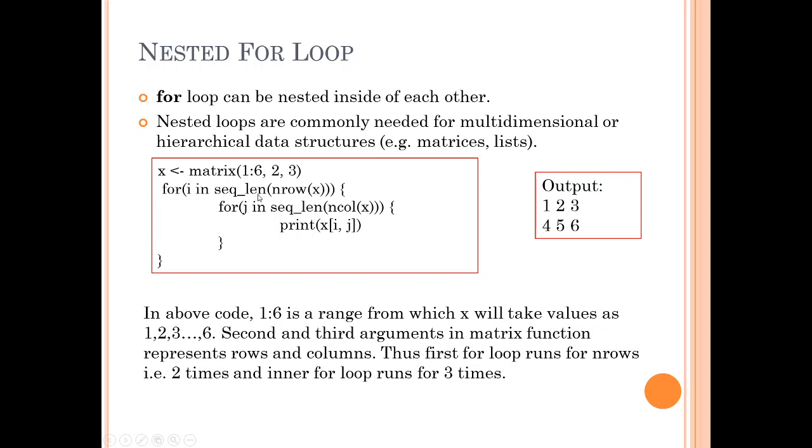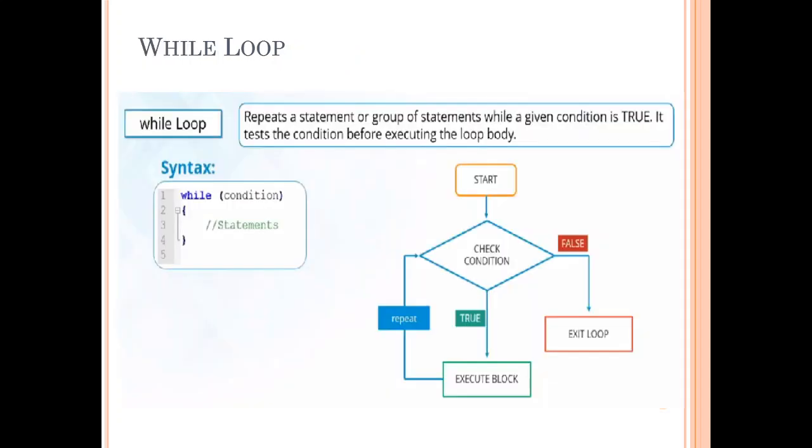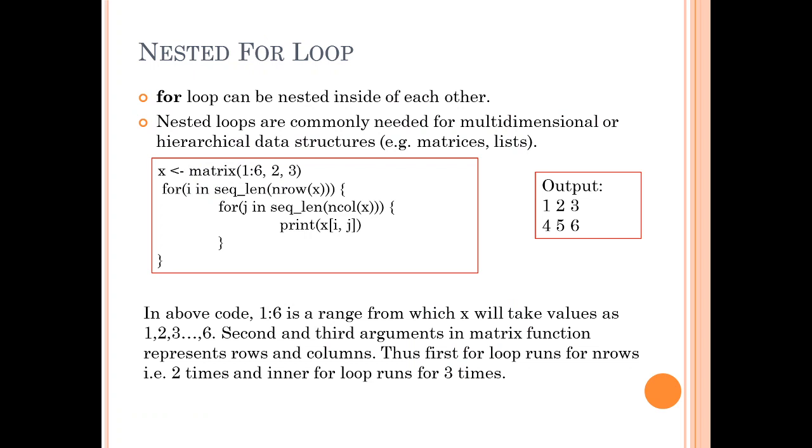Here we are given nrow of X. In our matrix X, how many rows are there? nrow will calculate that it has 2 rows, and that 2 will be taken by this seq_len function. So our i will be running for 2 values.